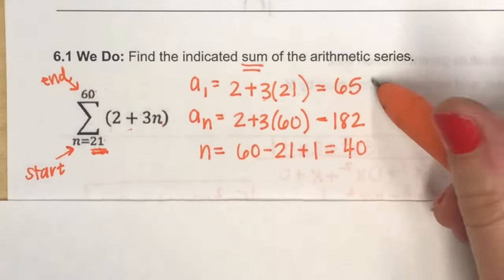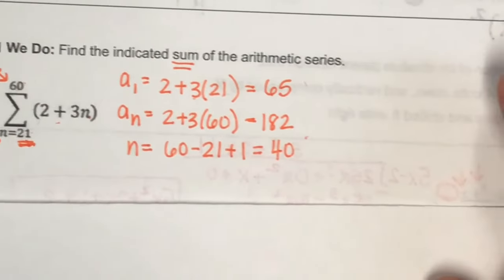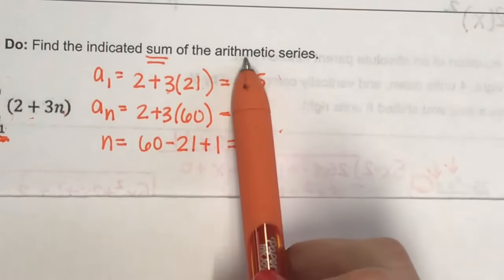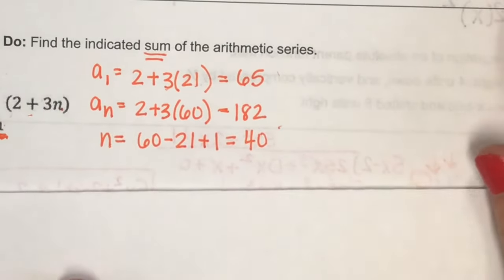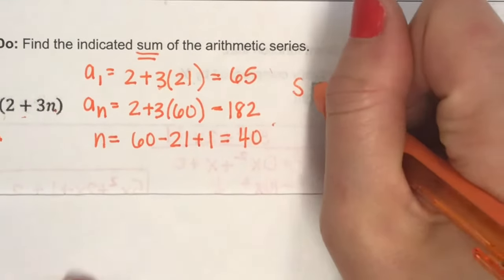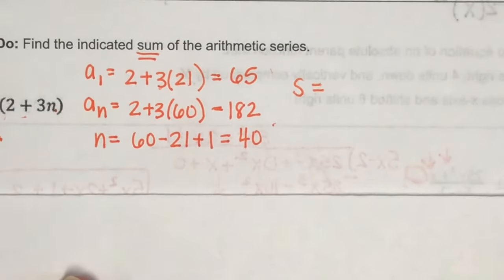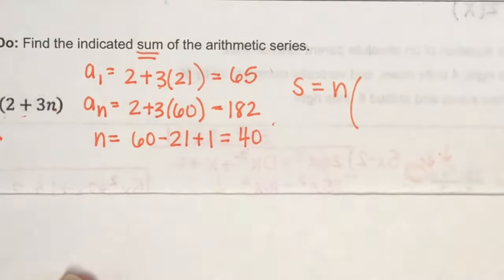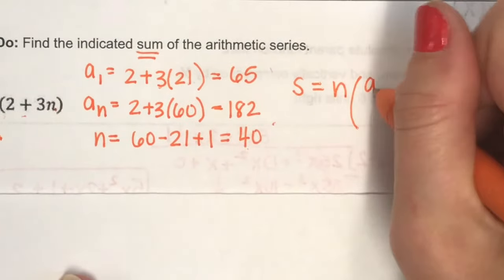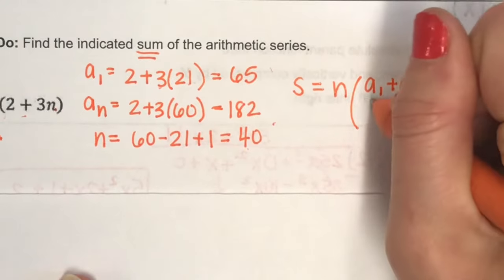Now, I have my 3 pieces of information, so I'm going to plug them into the arithmetic series sum equation. The sum equation says, in order to find the sum, you take your n number of terms and multiply it times your first term plus your last term, divided by 2.